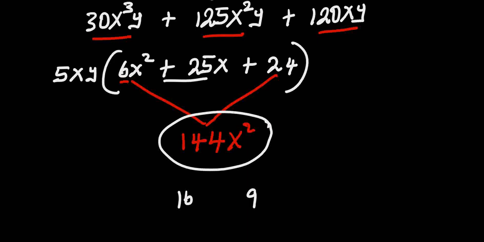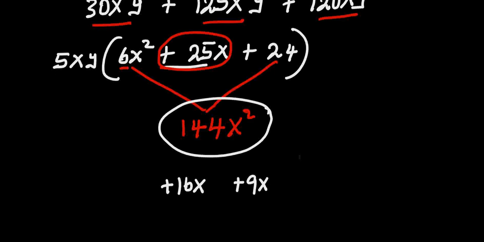So remember, we have x squared here. We can split that into 2, place 1 here, and also place 1 here. So both numbers are positive, plus 16x plus 9x. So now we are going to replace the whole of plus 25x by these two numbers.